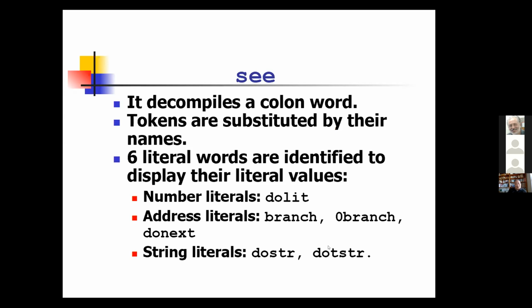All the string literals just have the following token as string literal, just like dolet has a number and the branch has an address after it. So the decompiler is very simple, very straightforward.